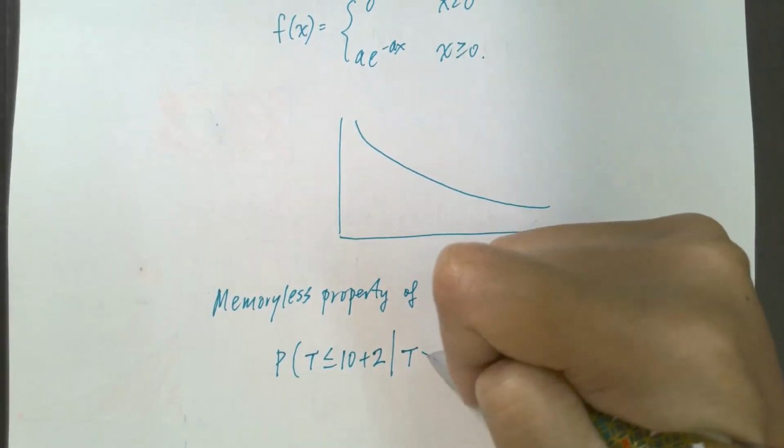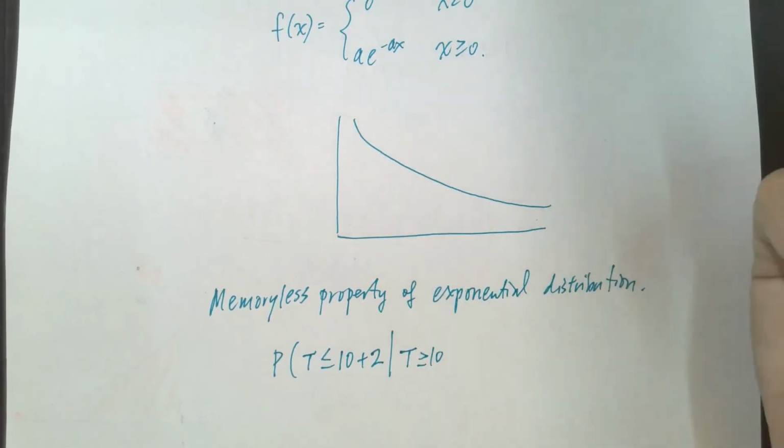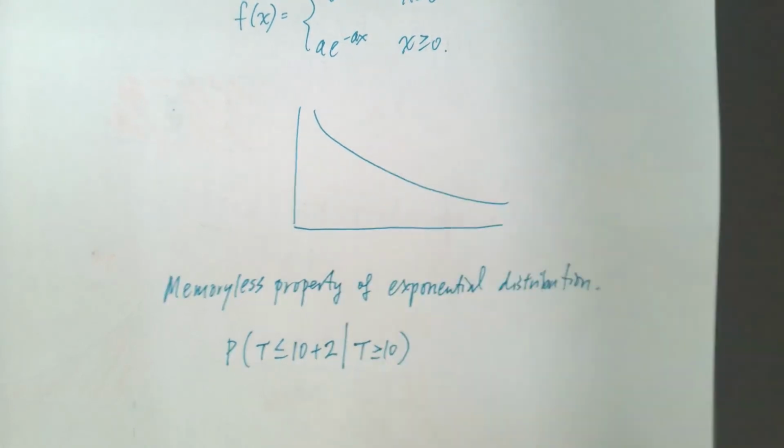So given that it's going to sound sometime after the 10th second, basically what the question is doing is this: given that it's after 10 seconds, what's the probability that it's going to sound within 2 seconds after the 10 seconds, okay?